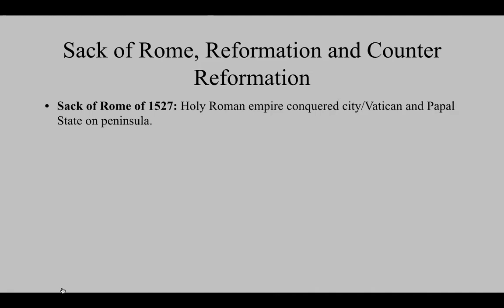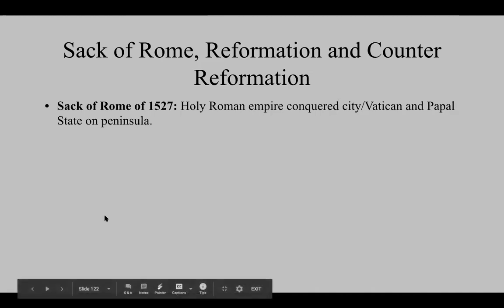And so the High Renaissance is really from about 1500 to about 1527. And in 1527, we have the sack of Rome, where the Holy Roman Empire, which is different, right? conquers the city, the Vatican City and the papal state that's within the peninsula of Italy.